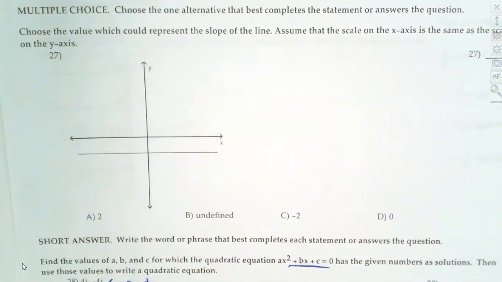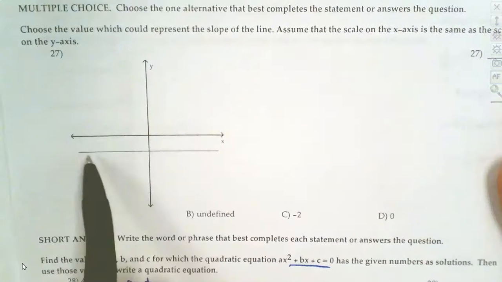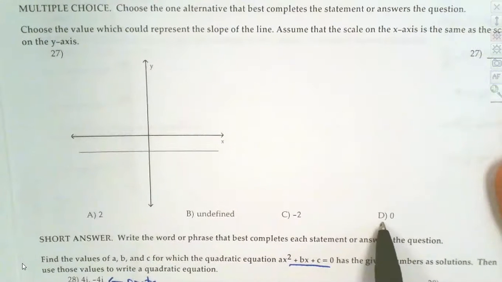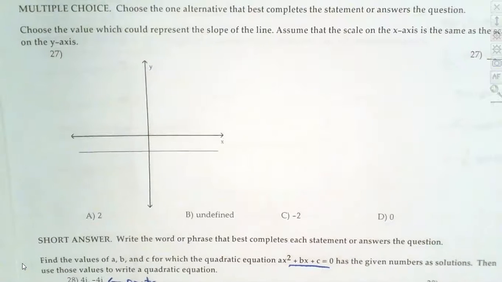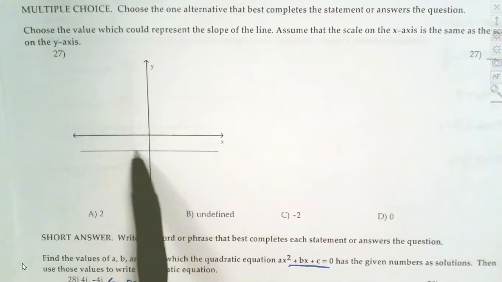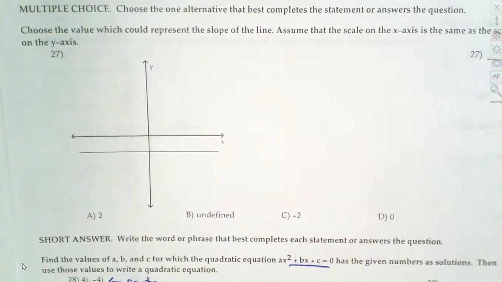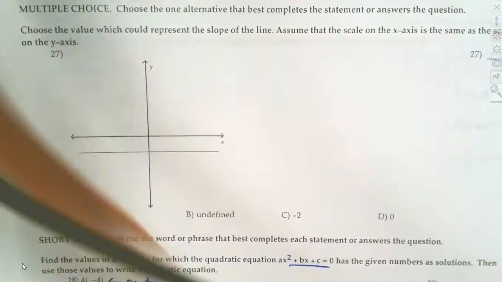Vertical lines have a slope that is what? Undefined. This is our horizontal line, so your slope would be what? 0. Do not get those mixed up, okay, because there'll be one on your exam. Now, your exam may have a vertical line, but I put in a lot of easy questions on here, just so you wouldn't miss them, and they're kind of extra points. So this is a horizontal line, so it would be 0. If yours on your exam was a vertical line, what would it be? Undefined. So make sure you do not miss that question, because that one will be on there, and that's a very easy question.